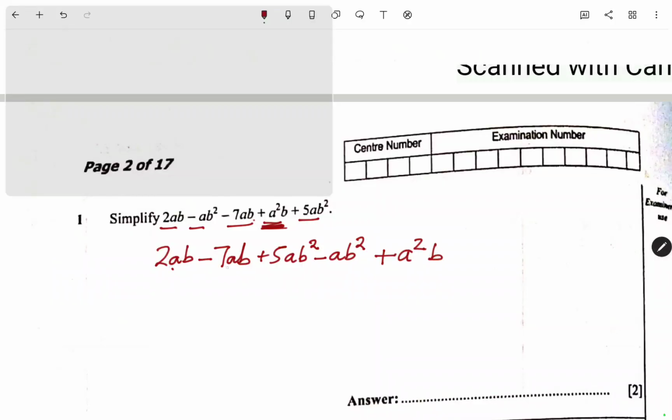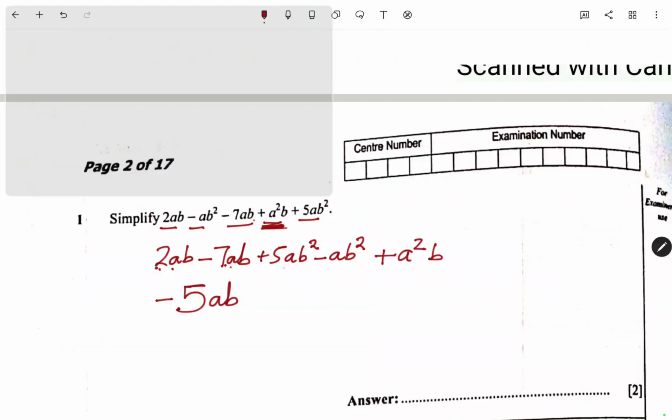Now 2ab minus 7ab, this will not confuse you. Just look for the numbers which are there. So there's 2 minus 7. The signs are different, so it will be 7 minus 2, which is 5. Now 2 and 7, the big number is 7 and it has a negative, so it will be negative 5ab.